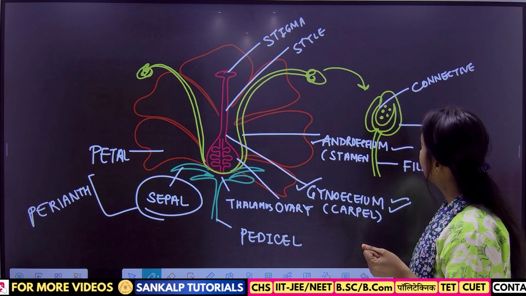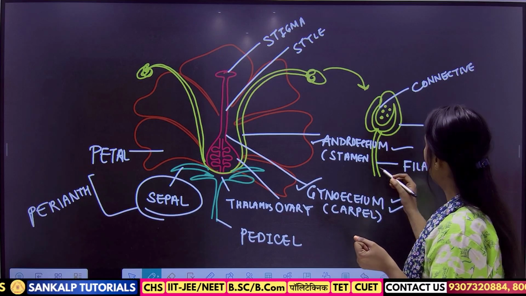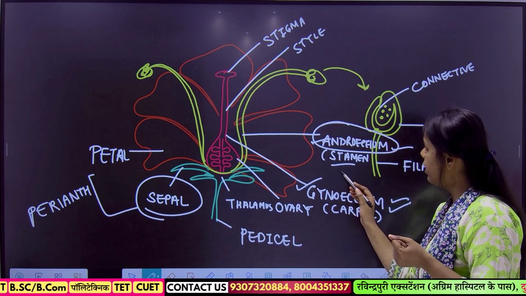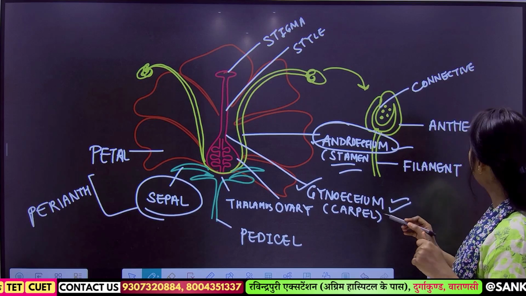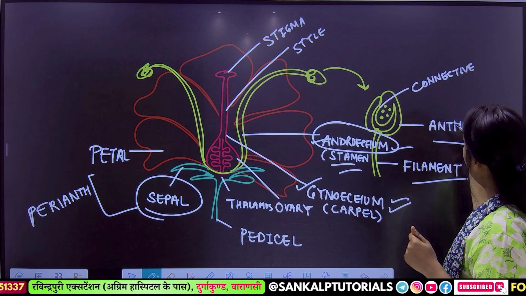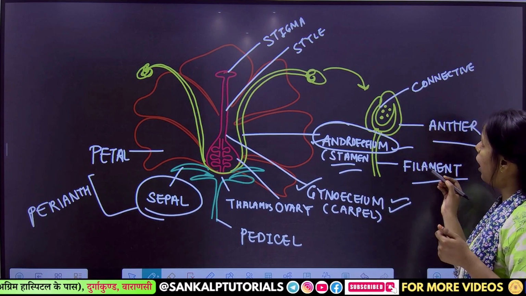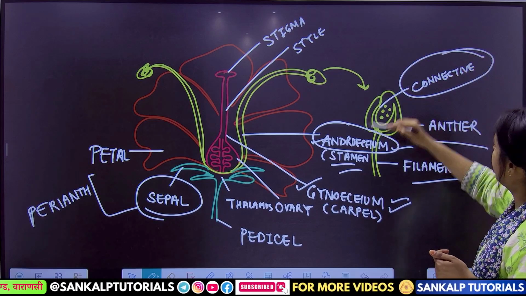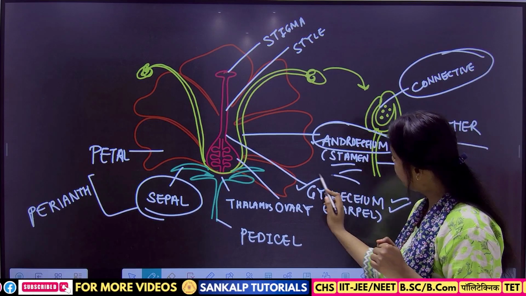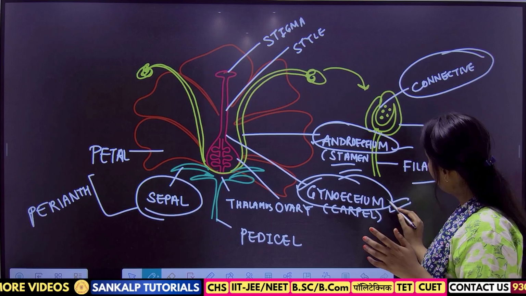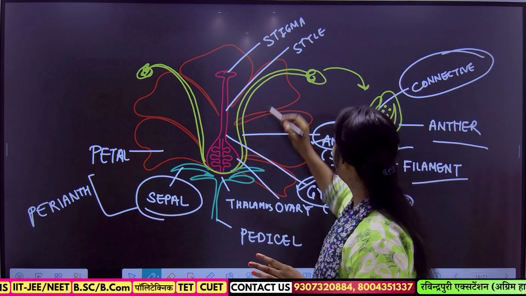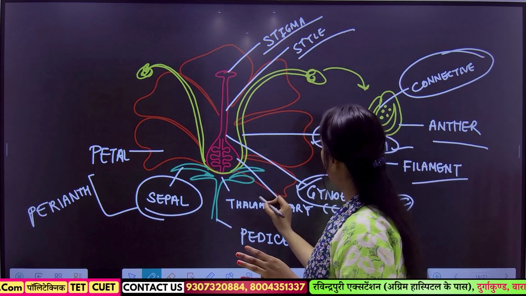So we discuss what androecium is. The unit of androecium is the stamen, which is further divided into three parts, that is anther, filament, and the connective tissue by which the anther is connected with the filament. After that we discuss gynoecium. The unit of gynoecium is the carpel, which is divided into three parts: stigma, style, and ovary.